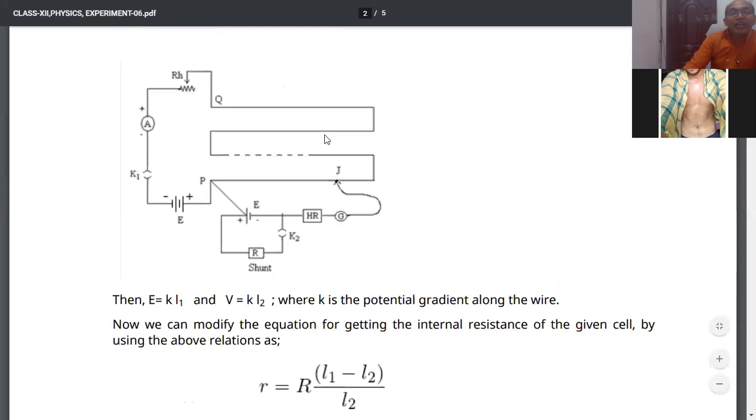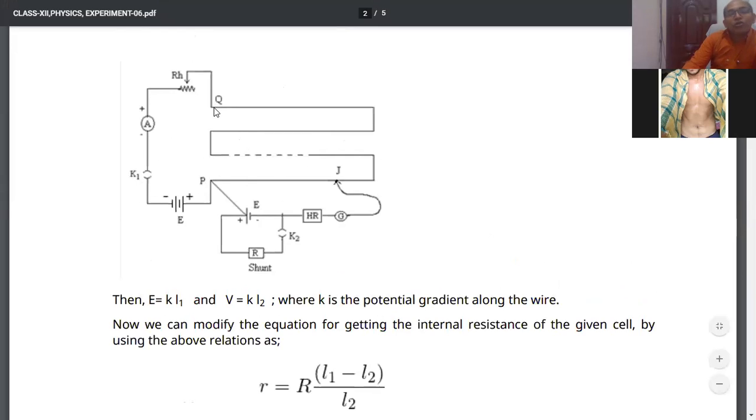Now try to understand. This is the circuit diagram. This is the cell. This is the potentiometer. One terminal of the potentiometer, say P, is connected with the positive terminal of the battery or eliminator. The other terminal of the potentiometer is connected with the negative terminal of the battery along with the ammeter and rheostat.